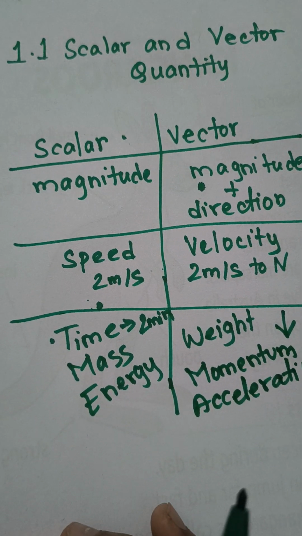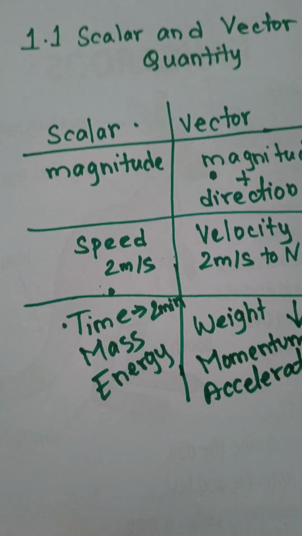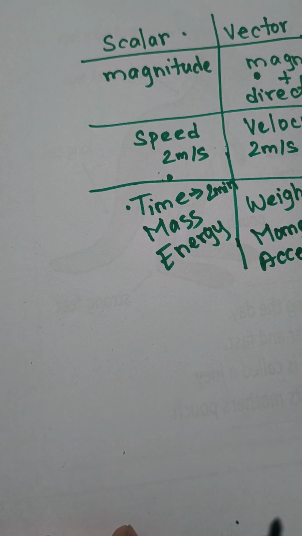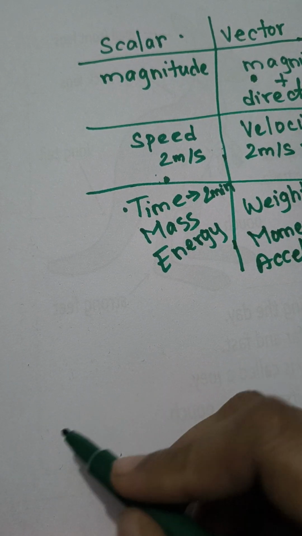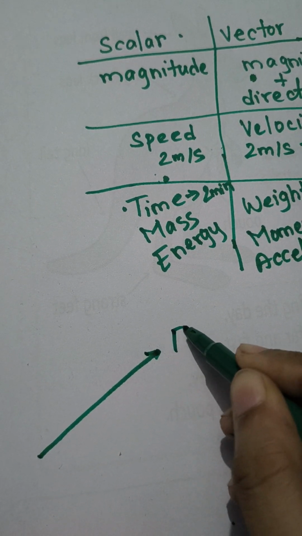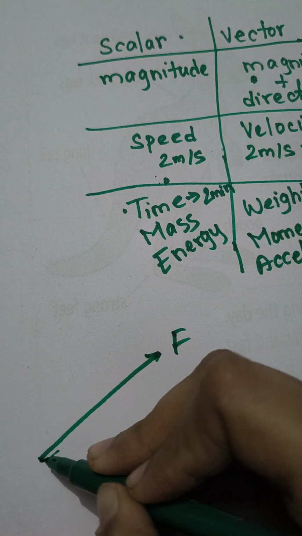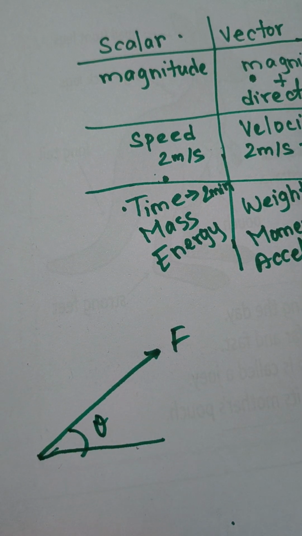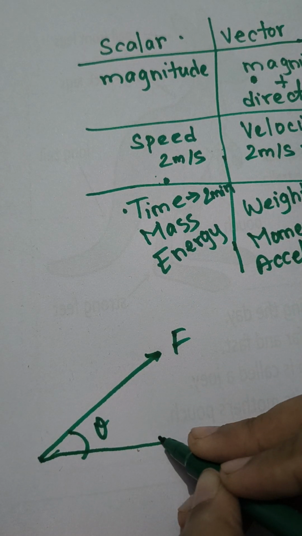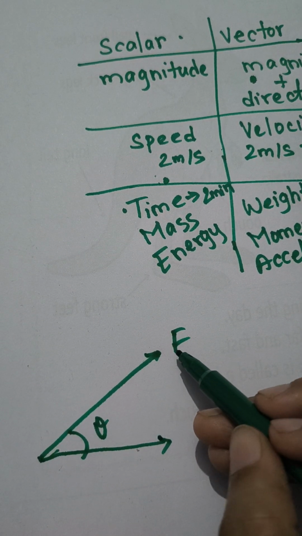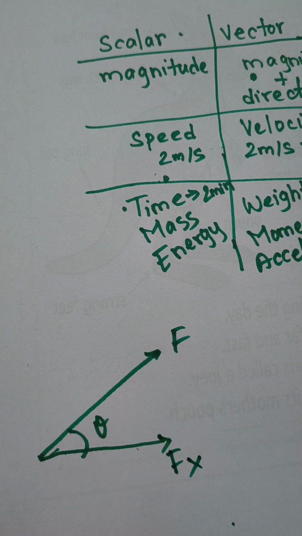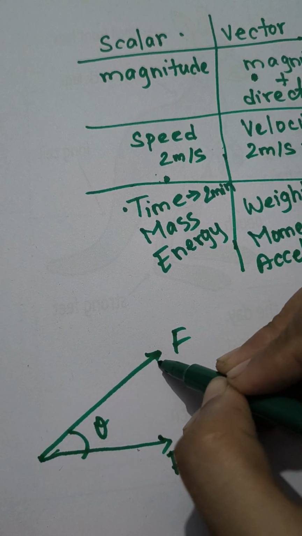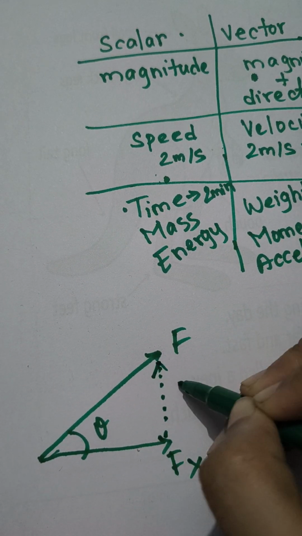As I told you, vector quantities have direction also, so finding a force as a vector quantity is not that easy. You always have components. For example, if there is a force F with an angle theta, it has a direction, so this vector quantity has a component in the x-axis and another in the y-axis.